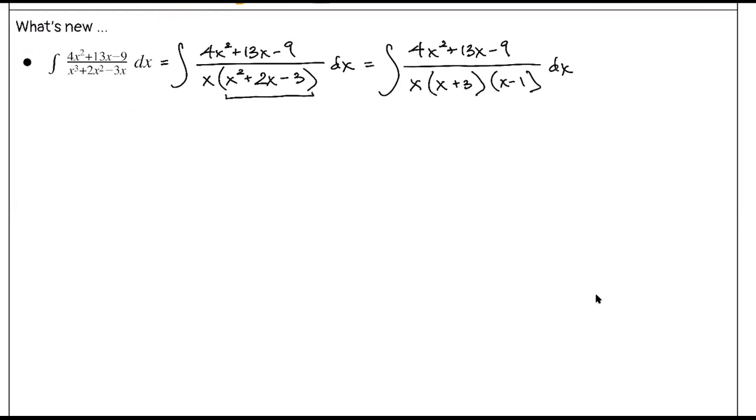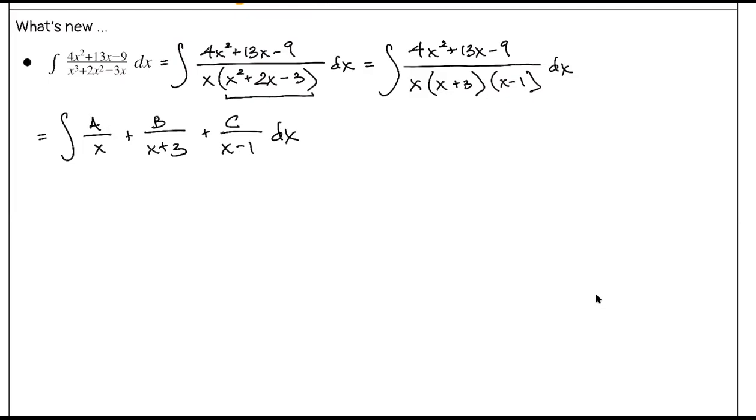And so what we want to do is turn this question into something that looks like this: the integral of a constant over the first denominator, so x, plus a constant over the second denominator, plus a constant over the third denominator.